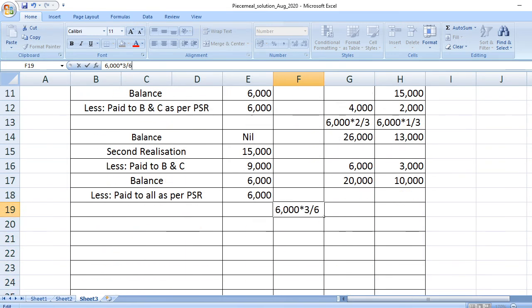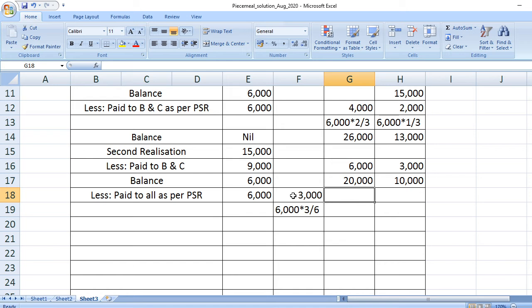Now can you find out this amount? How much will come? 6,000 into 3 divided by 6, the amount will come 3,000.